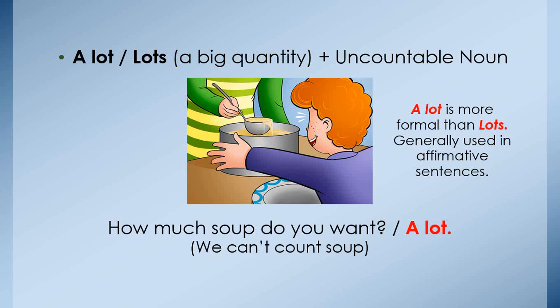How much soup do you want? A lot. We can't count soup. That's why it is an uncountable noun. A lot is more formal than lots and is generally used in affirmative sentences.